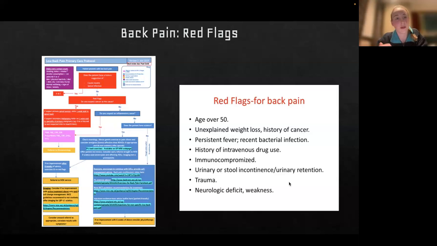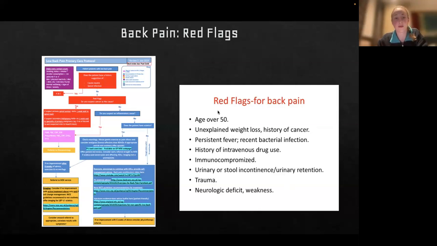You can read through this full flow chart, but you need to make sure you don't have any red flags for cauda equina. So urinary or stool incontinence or urinary retention. Classically, it's stool incontinence and urinary retention, but any sort of neurological weakness or deficit should really be raising alarm bells, and you would want to send someone in for assessment in hospital.